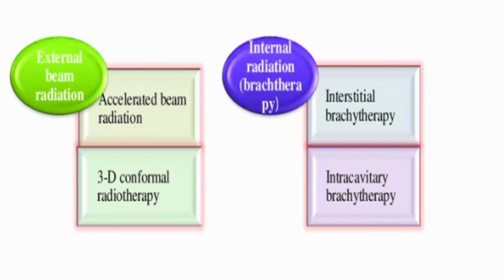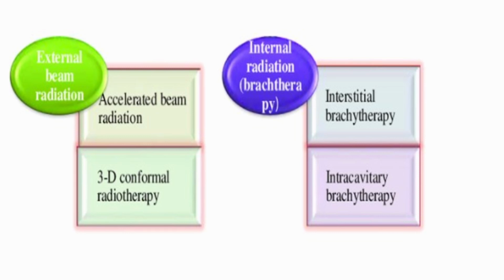Under the internal radiation types, which is also called brachytherapy, we have what is called interstitial brachytherapy. With this type of radiotherapy, the source of radiation can be put, maybe, under the skin, and then it will produce radiation from there. Then we also have what is called intracavitary brachytherapy.